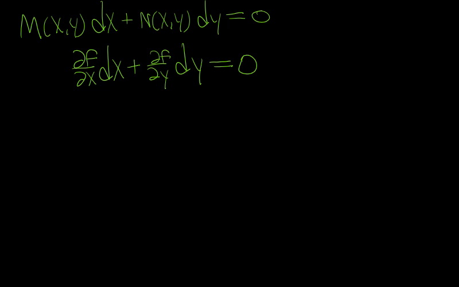So for some unknown function of two variables, let's suppose that you have both of the partial derivatives and you want to know which function it would be that has both of those partial derivatives.